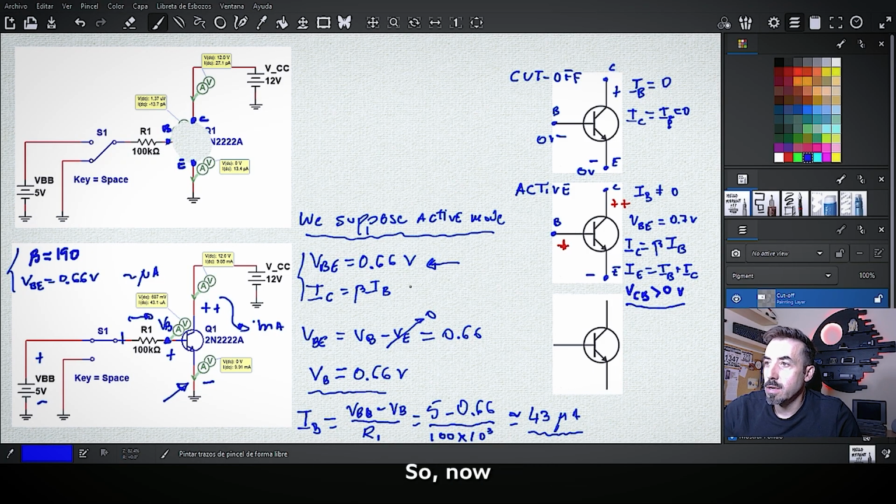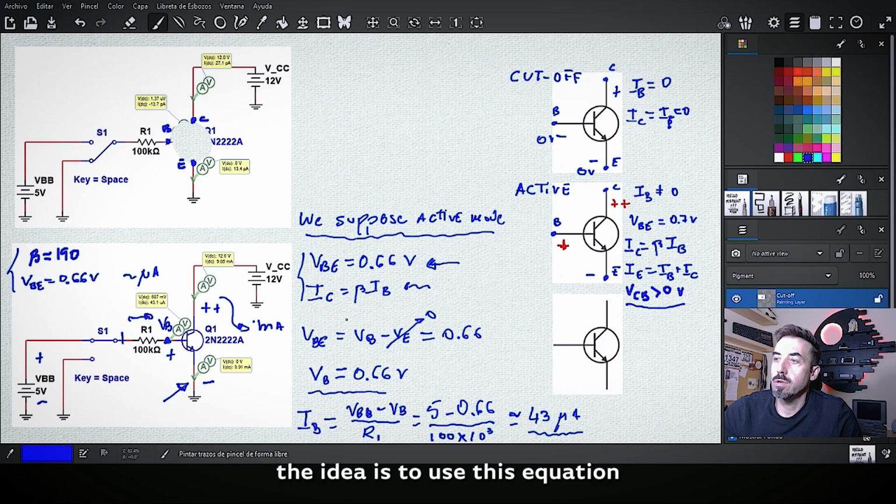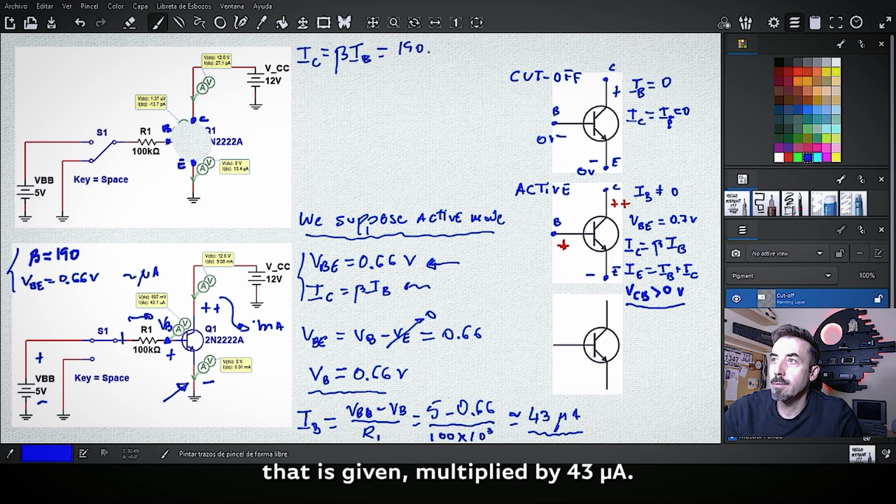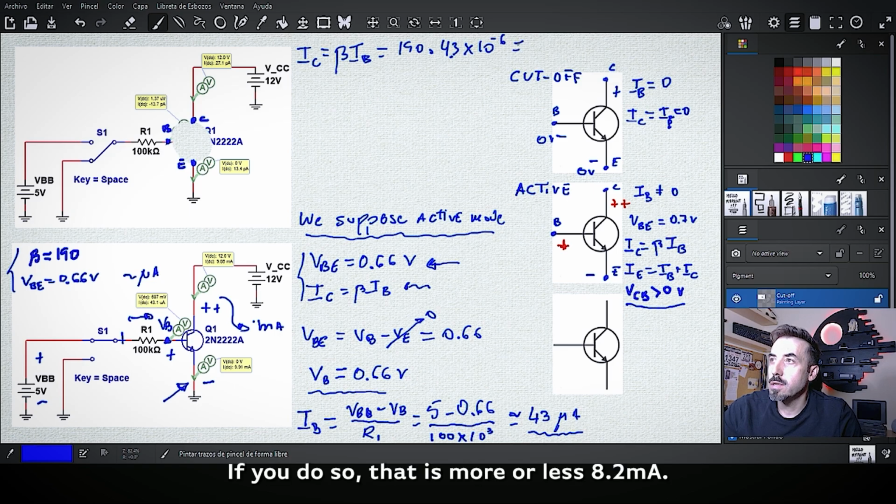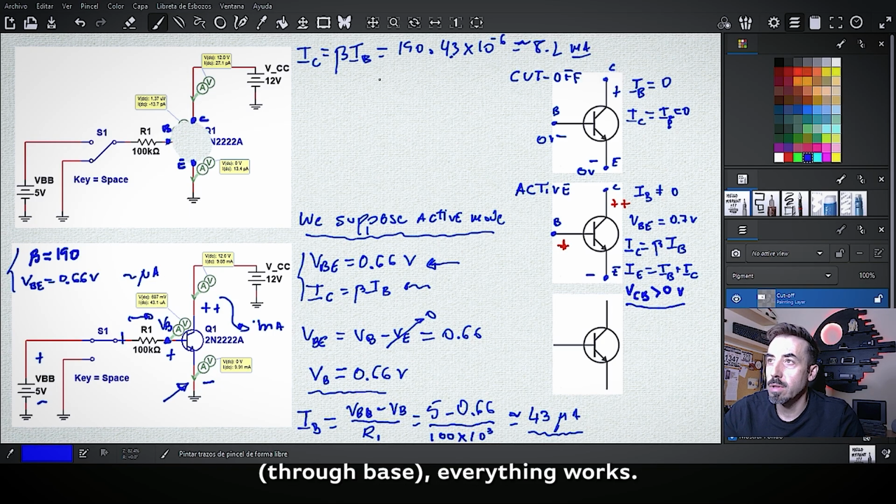Now the idea is to use the second equation: the current through the collector is going to be beta times the current through the base. So that is 190, which is given, multiplied by 43, sorry, 4.3 microamps. If you do so, that is more or less 8.2 milliamps. So milliamps, microamps, everything works.